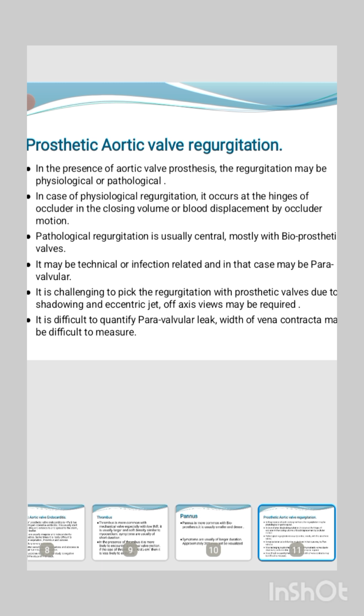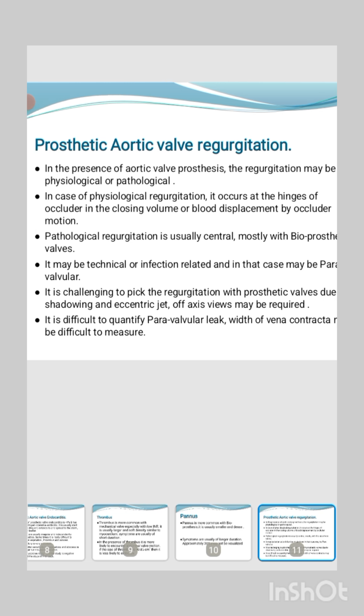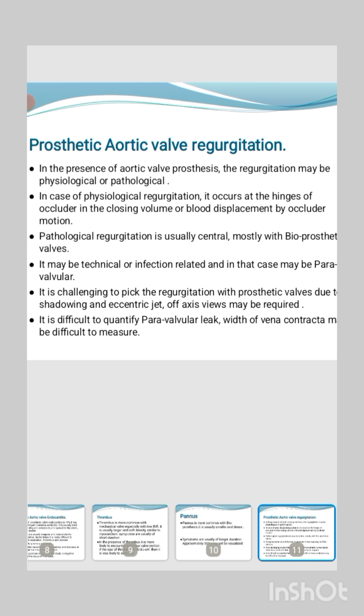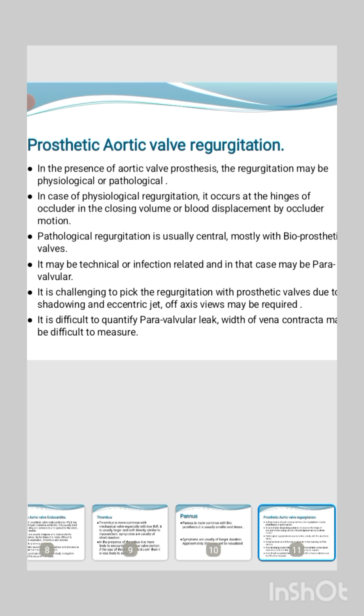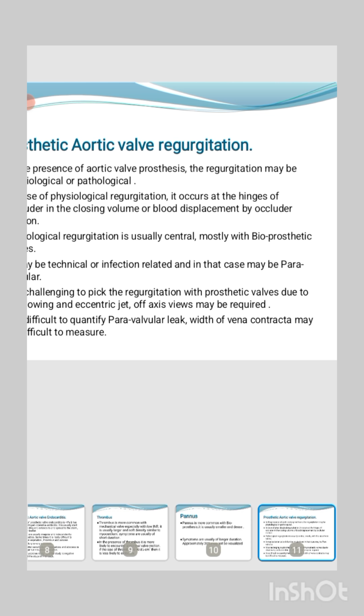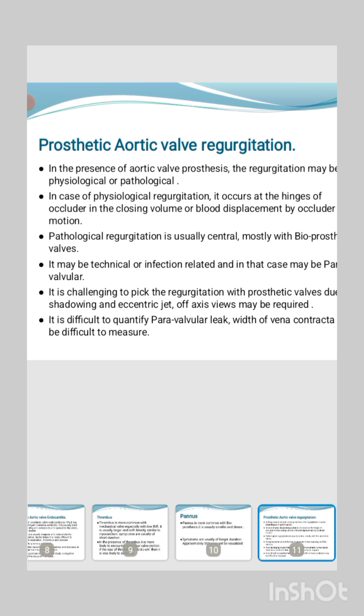It may be technical or infection related, and in that case may be paravalvular. It is challenging to pick up regurgitation with a prosthetic valve due to shadowing and eccentric jets, so off-axis views may be required. It is difficult to quantify paravalvular leak, and the width of the vena contracta may be difficult to measure.